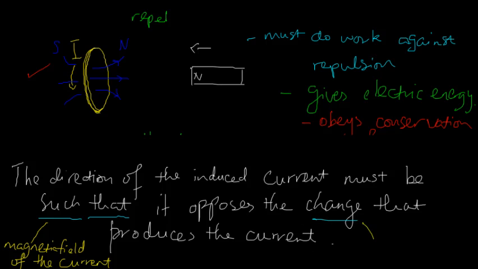So the change here means you can have a moving magnet, and that already can have many possibilities, like left, right, north, south. Or I can have a changing current, maybe another loop, another changing current nearby.